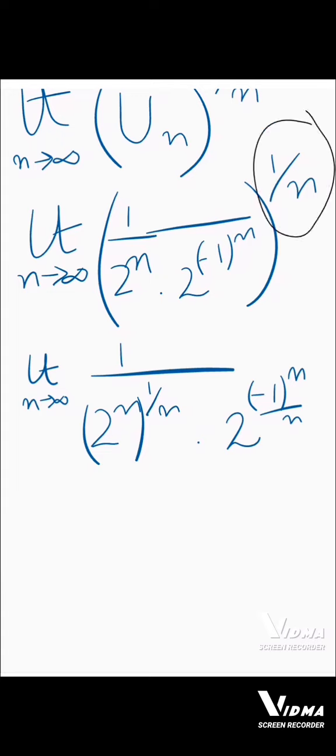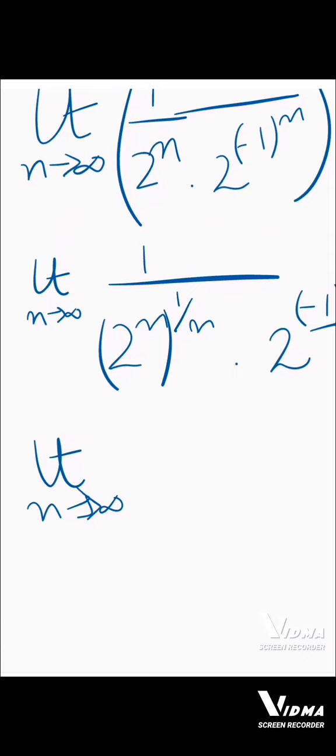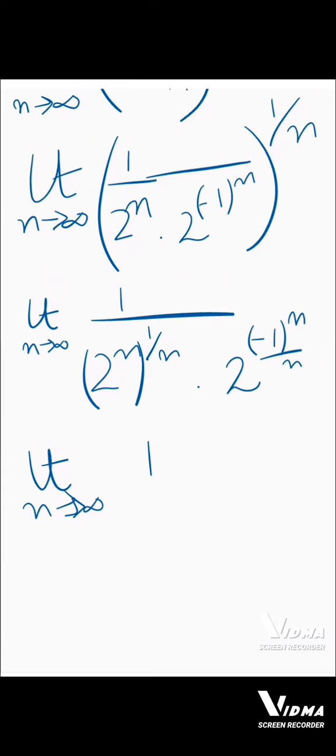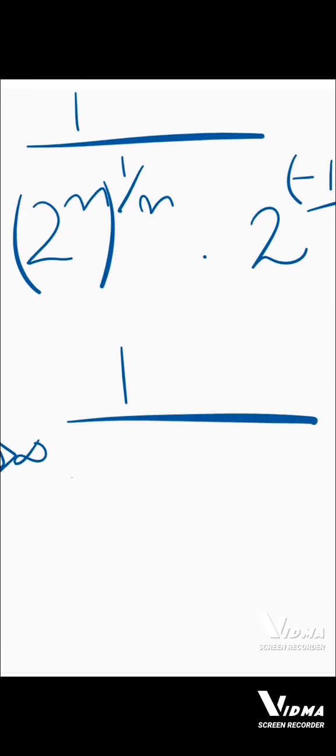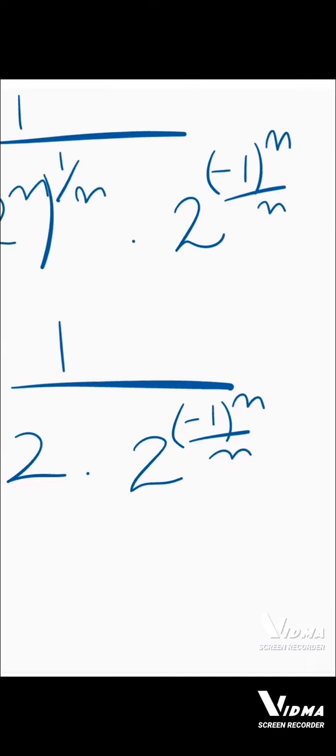So this power is distributed over the individual factors in the denominator. So this limit is further equal to the limit as n tends to infinity of 1 / (2 times 2^((-1)^n / n)), right? This thing.